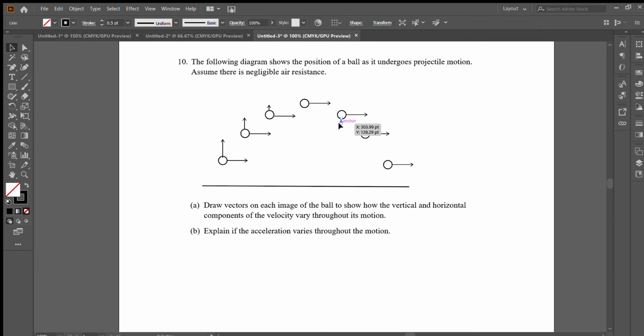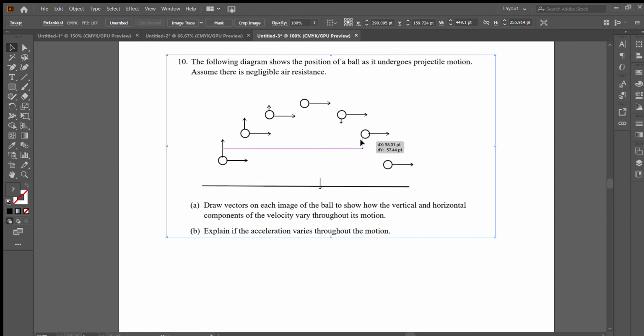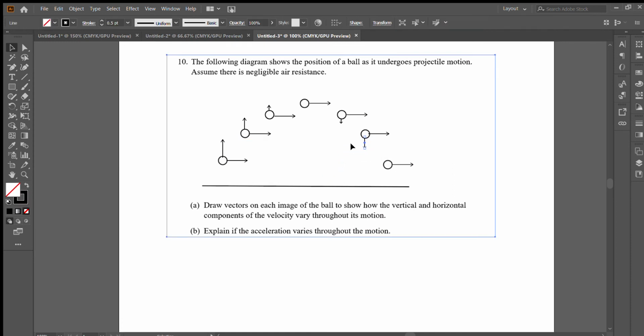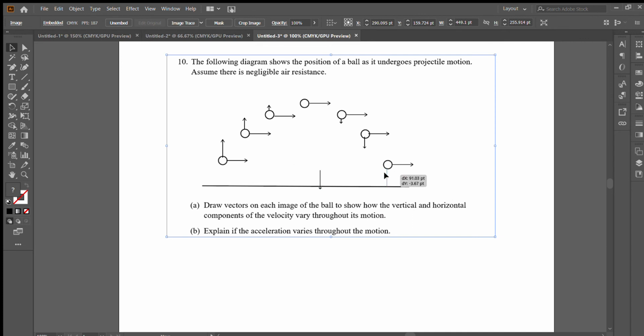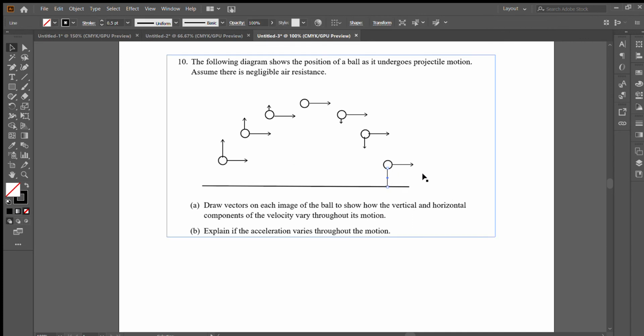And put that one here, and similarly we'll make more velocity vectors, a little bit bigger on this one, and one more over here.